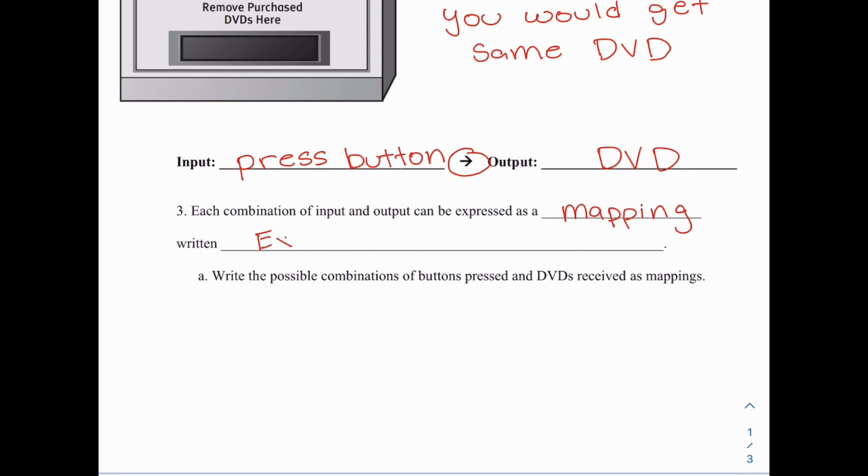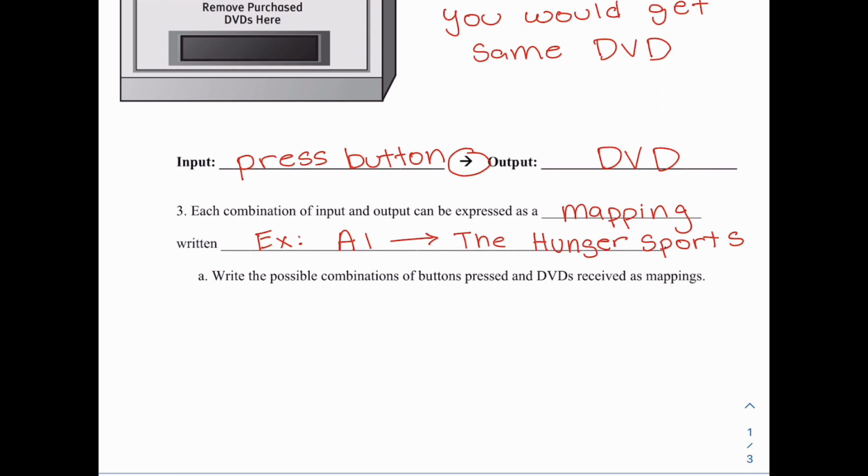For example, we said up here that if you pressed A1, we would get the movie The Hunger Sports. So A1 is my input, and it leads to The Hunger Sports. Now we can do this for every single combination of buttons to movies.